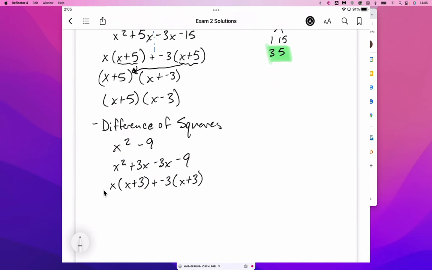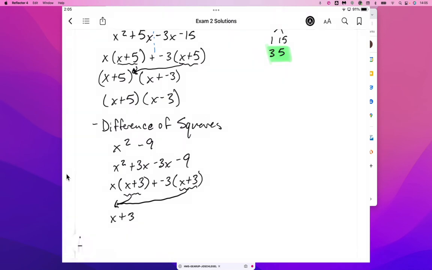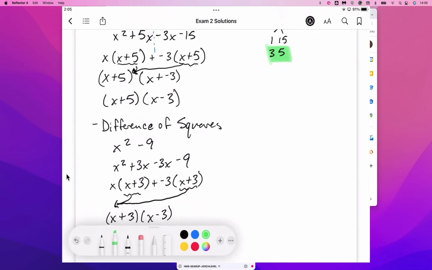And again, we factored out a negative 3 so that we would have both of those be x plus 3 so that we could factor them out. And we would get x plus 3 times x minus 3.